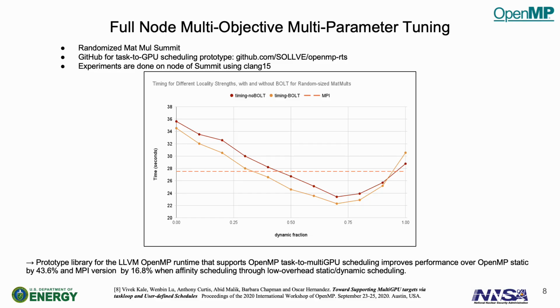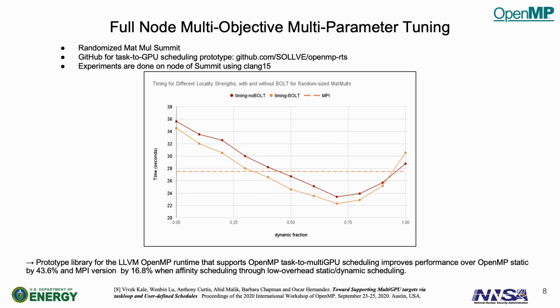Now, let's consider multi-GPU parallelization. Consider a randomized matrix-matrix multiplication using LLVM's OpenMP offload. Here, we employ a dynamic task to multi-GPU scheduling, which was first shown in the paper here.